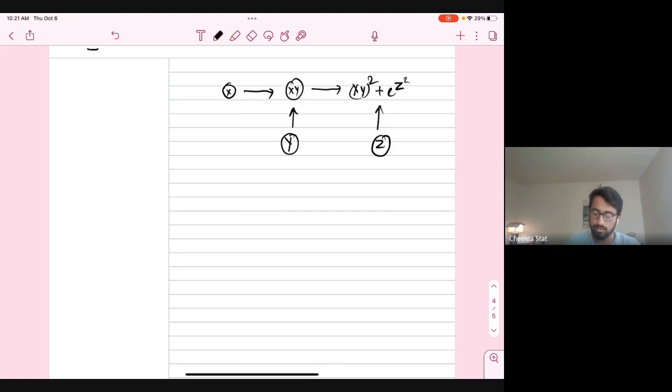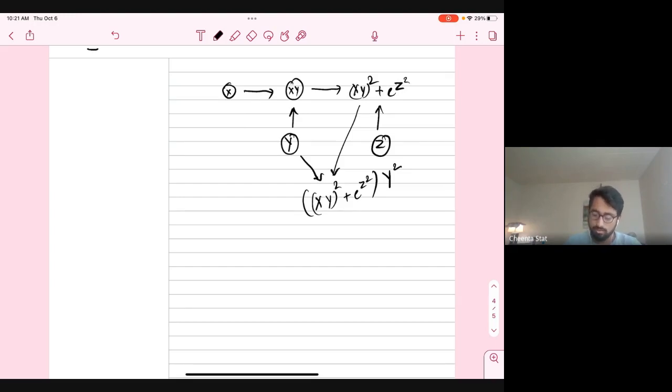Then you can see that these two come together to get (x y) whole squared plus e to the power z squared times y squared. Okay.